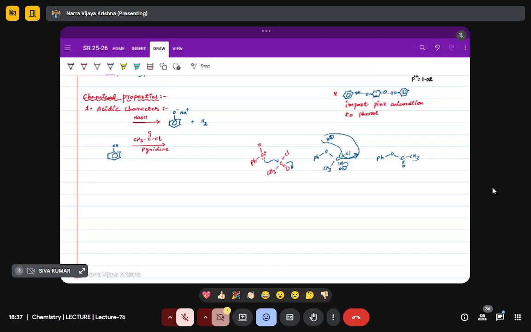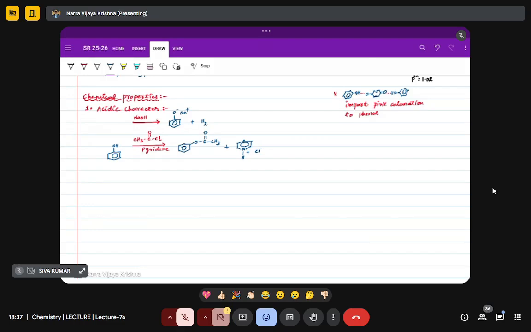So what should be the product now? PhOCOCH3 plus pyridinium chloride. Any questions in it?